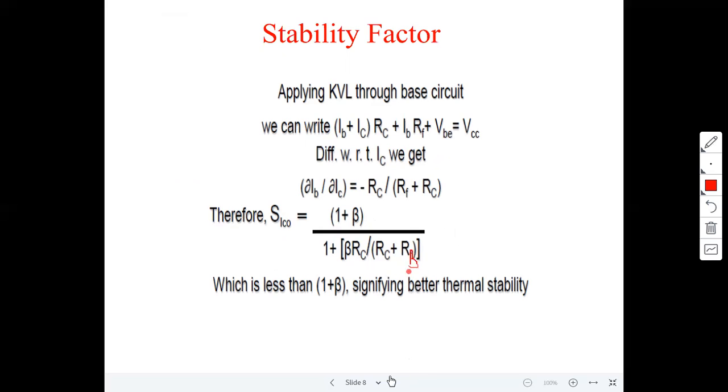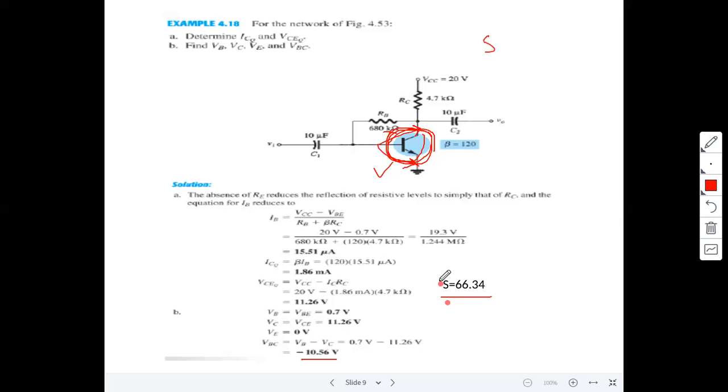Either it is a feedback resistor or base resistor. Substitute the given values of beta, RC and RF. Then the stability factor is equal to 66.34.